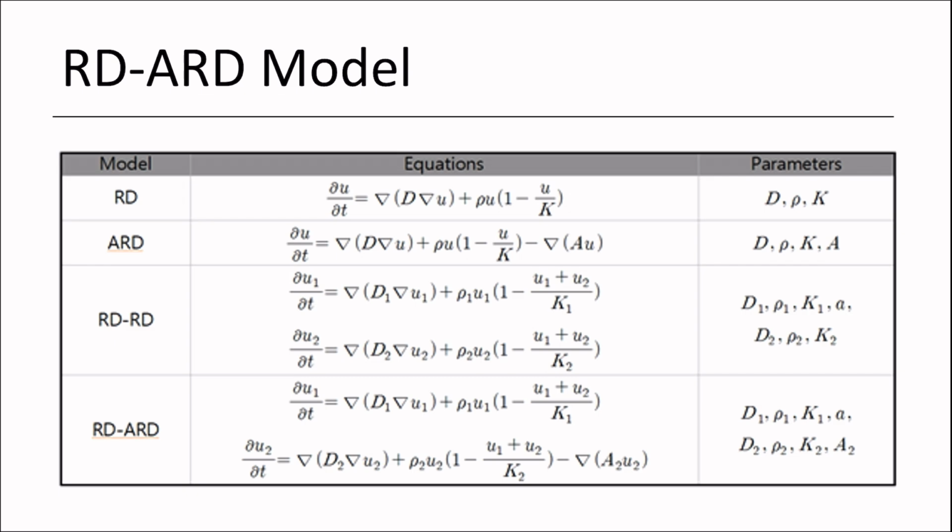One of the key features of the RD-ARD model is that it better reflects experimental observations. Specifically, it captures how the invasive front of the tumor moves faster and more aggressively compared to the proliferative core. This characteristic aligns with the go or grow hypothesis, which suggests that tumor cells tend to either proliferate or migrate, but not both simultaneously.